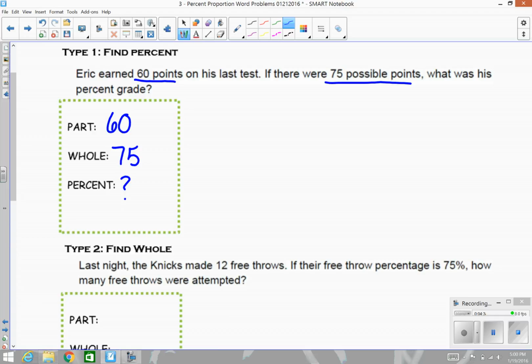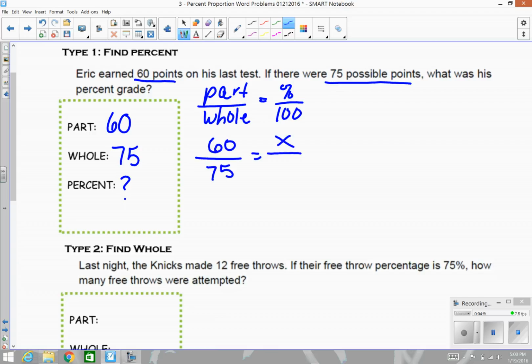So when we set up our proportion, okay, we have part over whole equals percent over 100. And that 100 is always going to be there because percents are always out of 100. Okay, next we're going to substitute in what's given. 60 is the part, 75 is the whole.